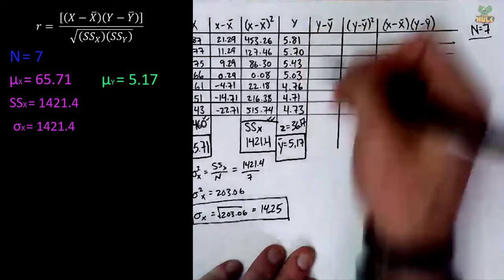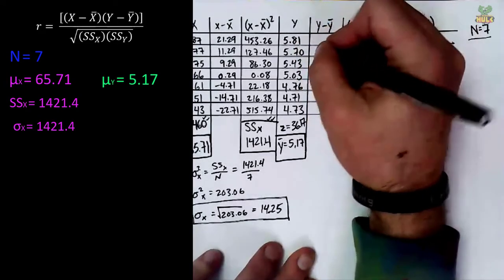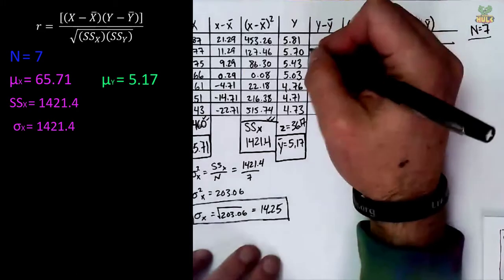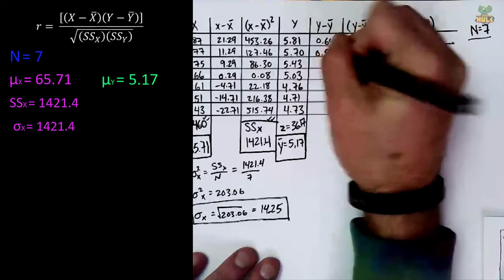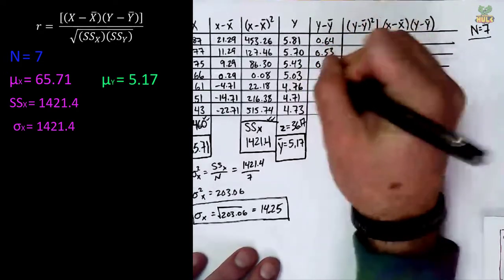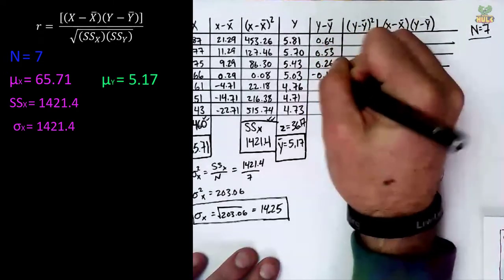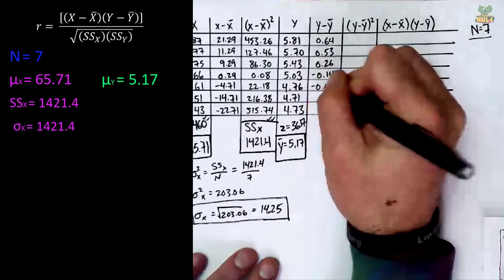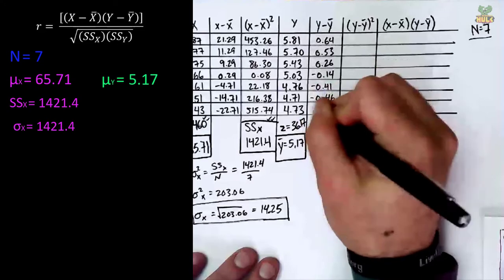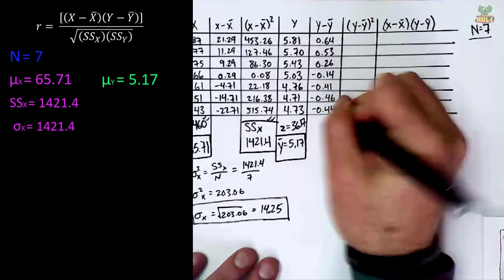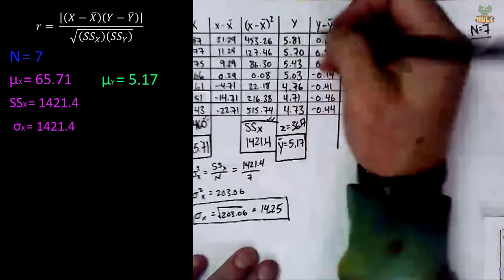Taking this minus this to get that. We would then have, let's see, 0.64. Then we square all of these values.